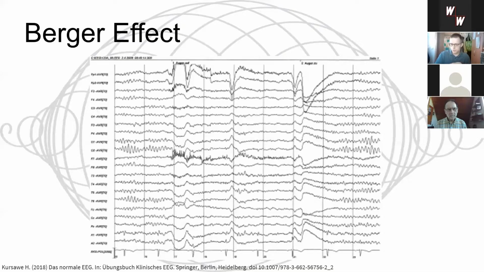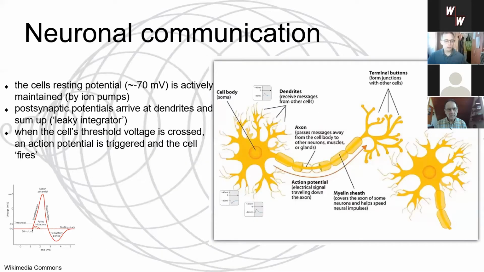Okay, let's get into some of the basics of how the brain's electrical activity is generated. I think most of you probably already know this, but I'm just going to recapitulate it. In this figure, you see two exemplary neurons, as you might find them in the brain's gray matter.